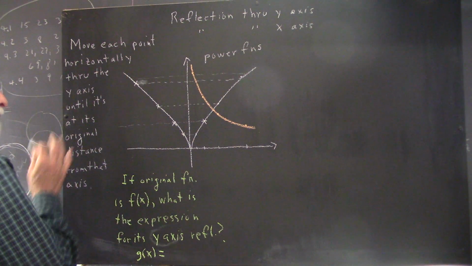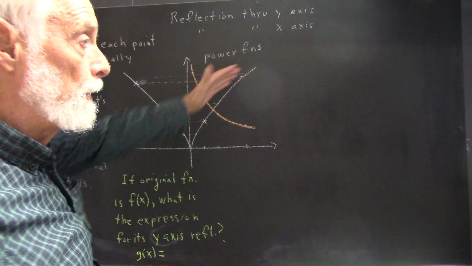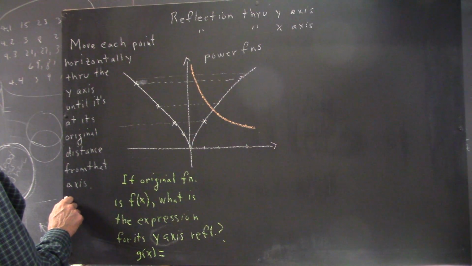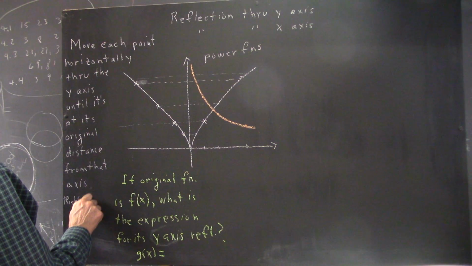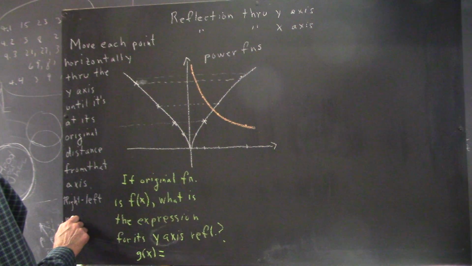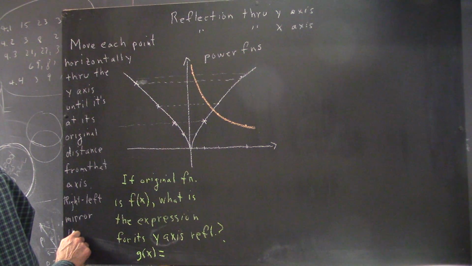And now that I see that reflected graph, this graph appears to be a mirror image of this graph. So that's a right-left mirror image.